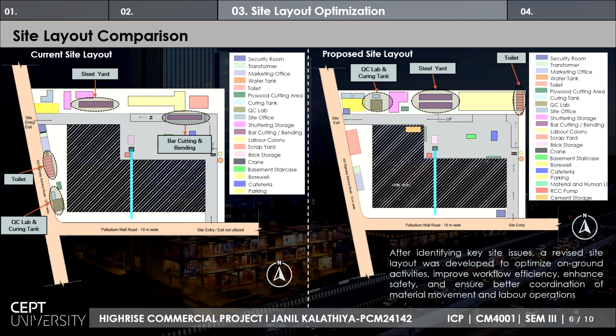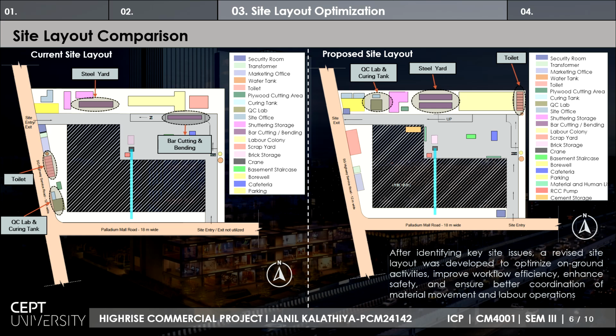Here are the steel yard and bar cutting and bending machine as located on the current site layout. These were shifted beside each other, because the material from the steel yard had to be carried to the bar cutting and bending machines.